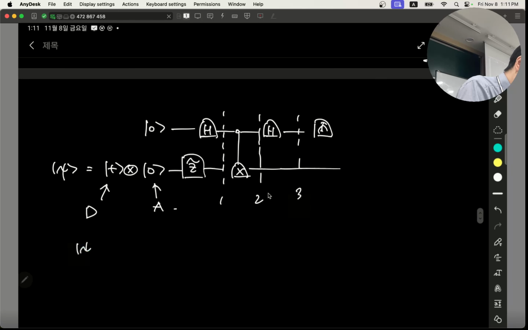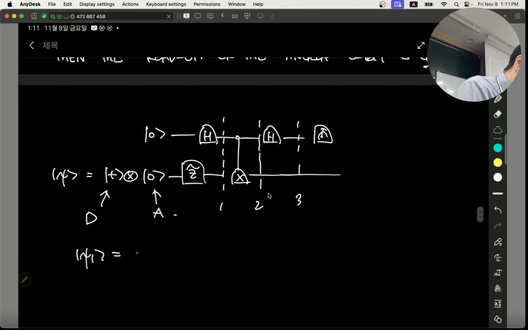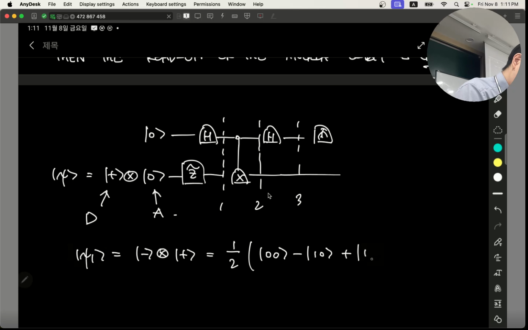So psi 1 is now |-⟩ tensor |+⟩, and then let's compute everything into superposition: 00, 10, 01, and -11.